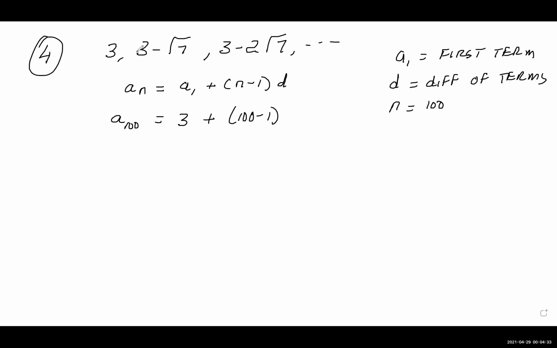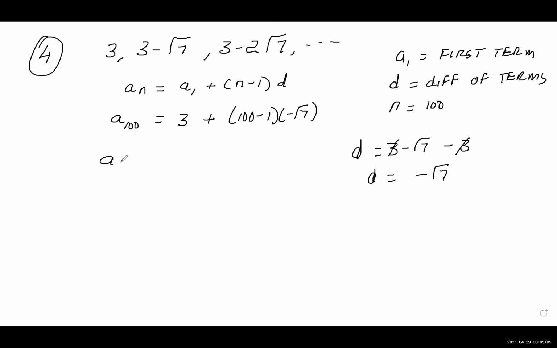You take the second term and minus it with the first term. So you know this 2 will cancel out, and the d value is going to be negative square root of 7.